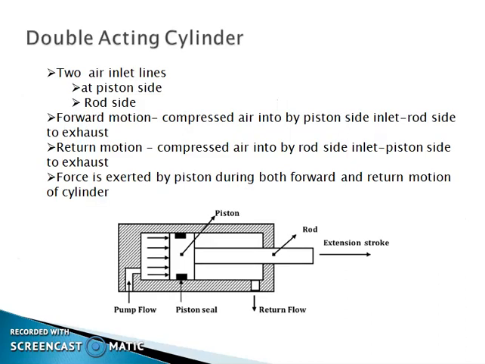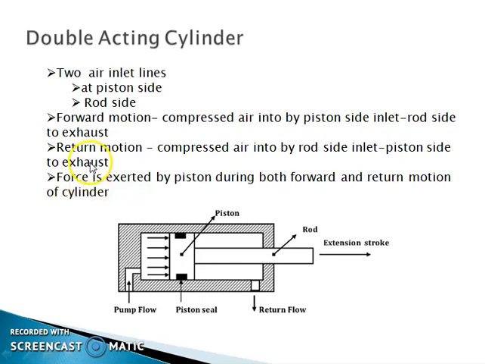Next is the double acting cylinder. A double acting cylinder has two air inlet lines, two ports, one on the piston side and the other on the rod side. To achieve forward motion of the cylinder, compressed air is admitted on the piston side and the rod side is connected to exhaust.